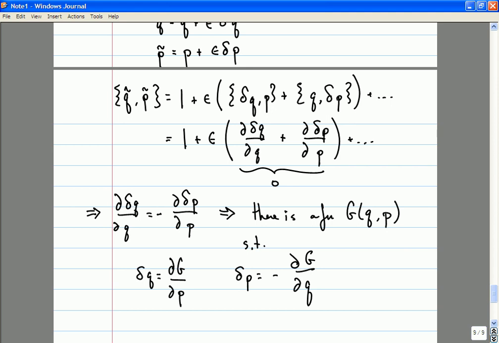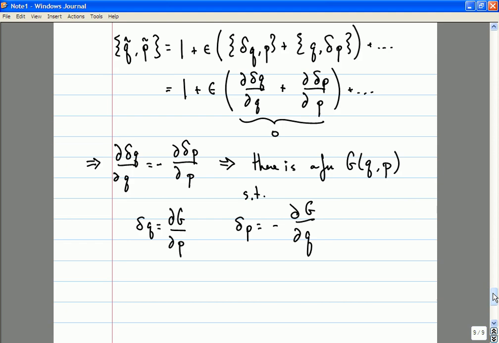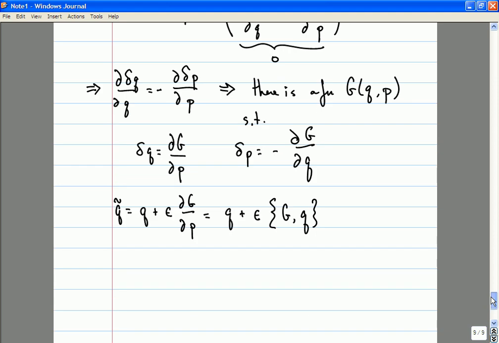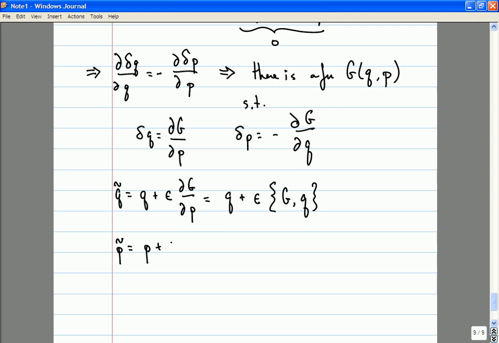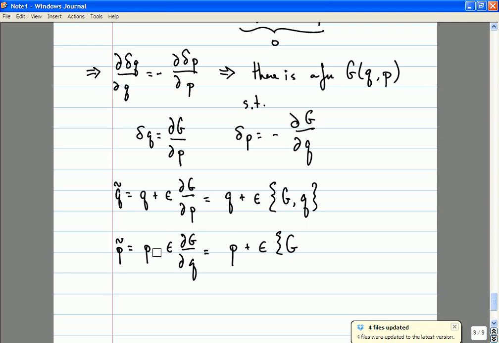Or, to say this a little more succinctly, Q tilde is Q plus epsilon times delta Q, which is dG by dP, and that could be written as Q plus epsilon times the Poisson bracket of G with Q, and likewise P tilde is P plus epsilon times minus dG by dQ, which is P plus epsilon times the Poisson bracket of G with P. Which reminds me that that's a minus sign there.